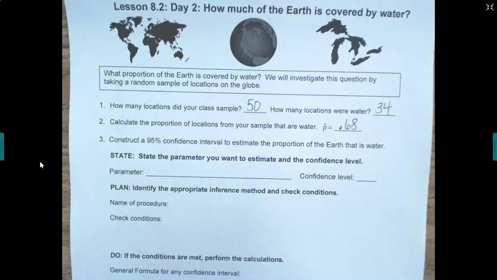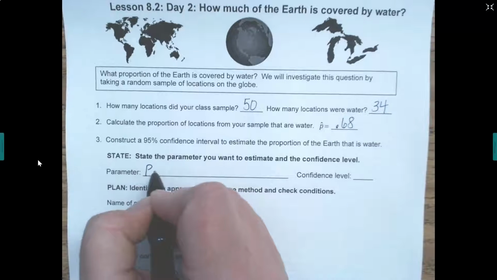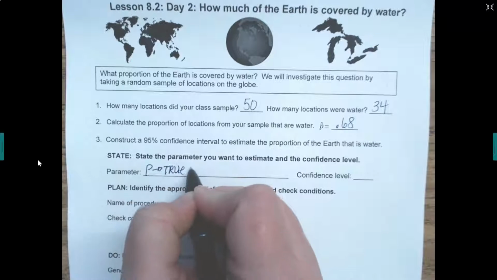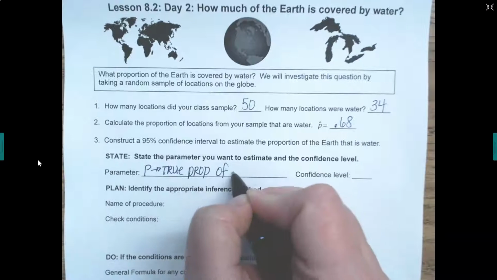So we're going to construct a 95% confidence interval to estimate the proportion of the Earth that is covered by water. So we want to state the parameter that we want to estimate and the confidence level. Okay, so the parameter, we're saying P is the true proportion of Earth covered by water.